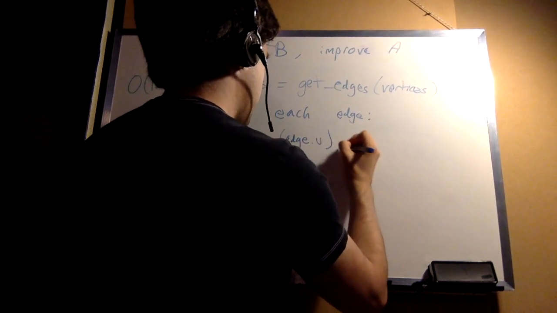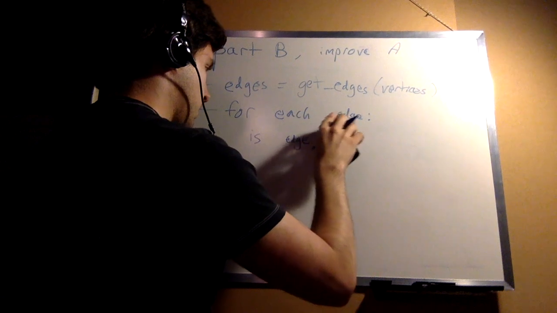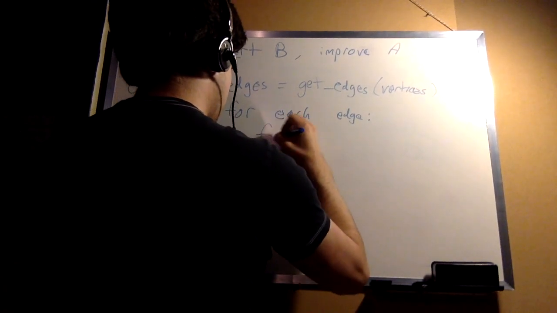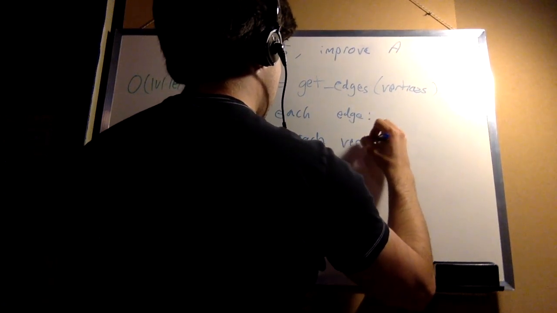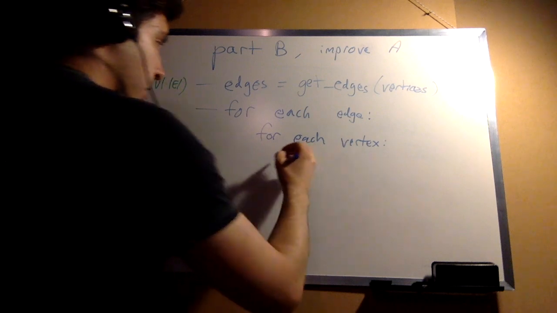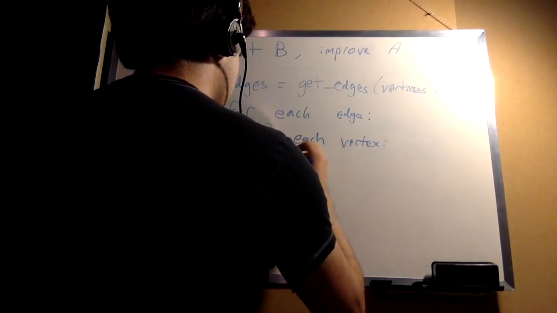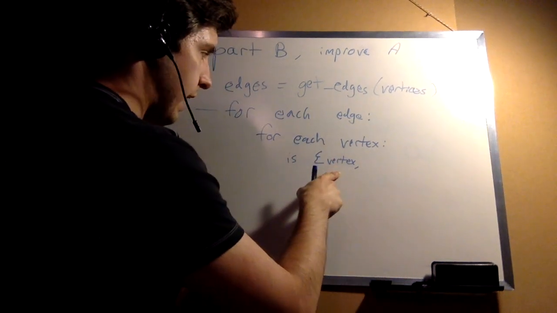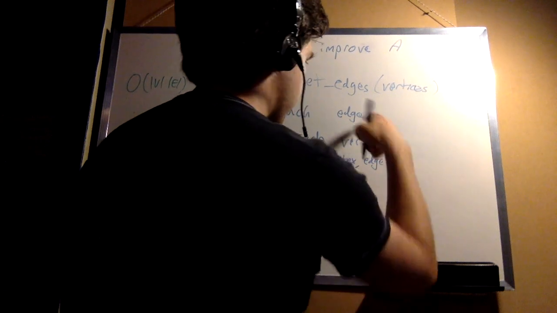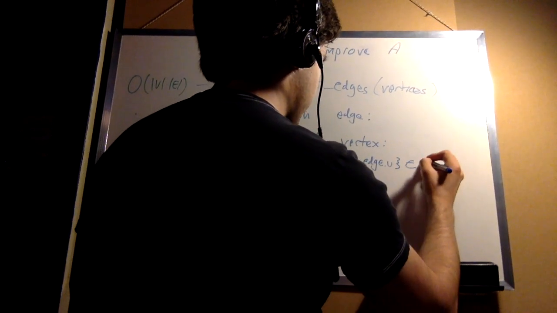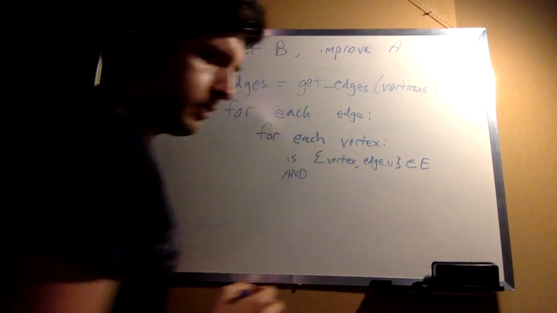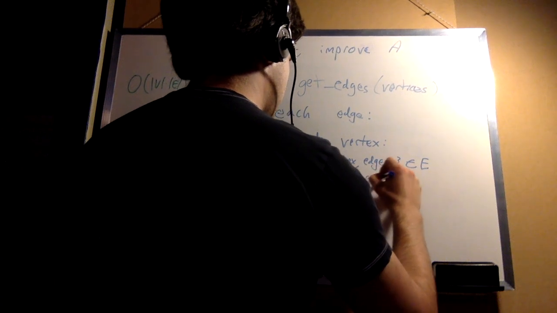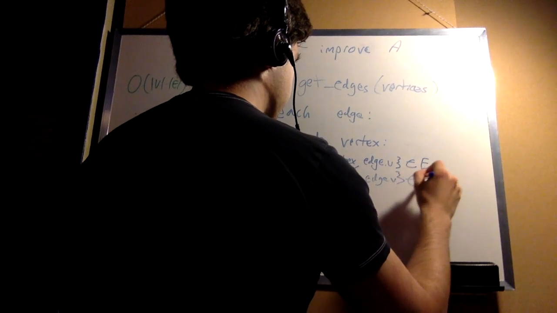for each other vertex. So we want to see, is the edge from this vertex, this is our K, to the edge's U, that's the one end of the edge, a member of edges, and is the edge from K to V a member of edges?